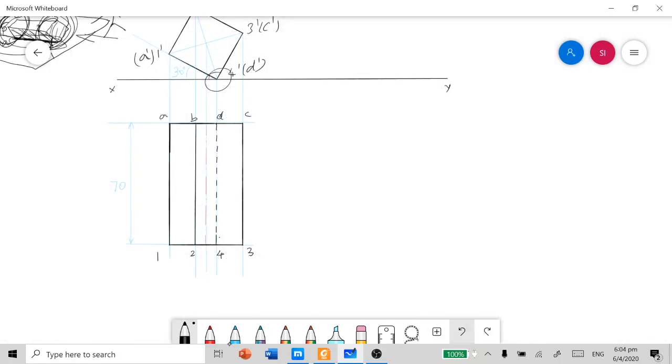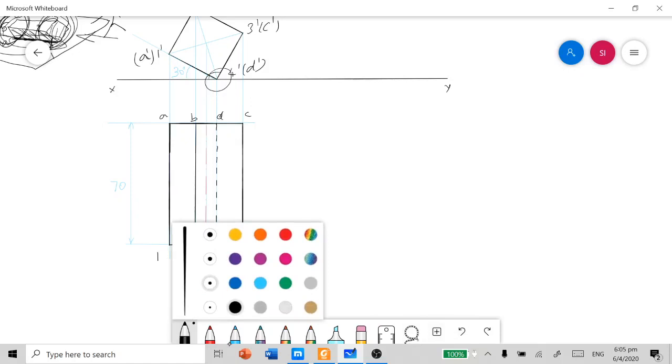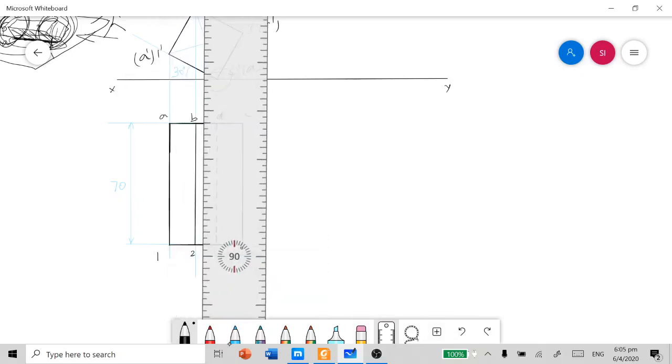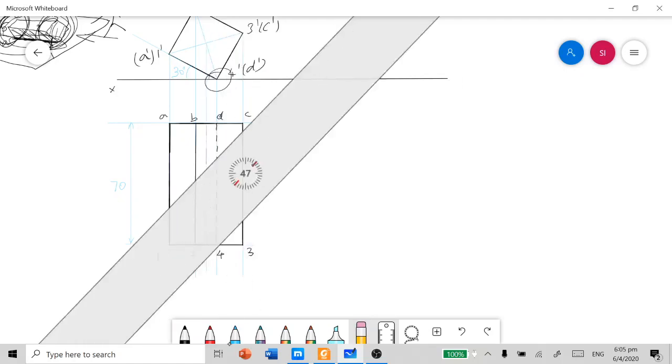So for that, I need to redraw this lateral view once again by fixing the edge 4D making 30 degrees to VP. For that, I need to extend my XY line to some extent.